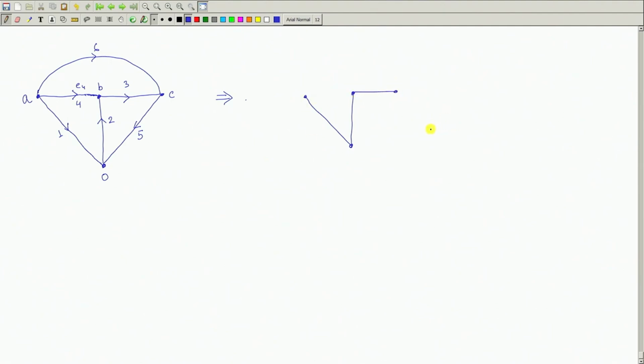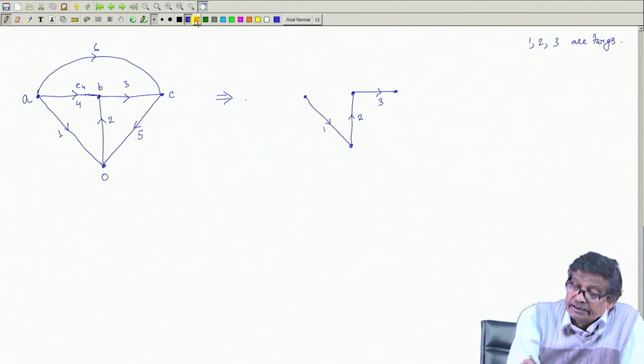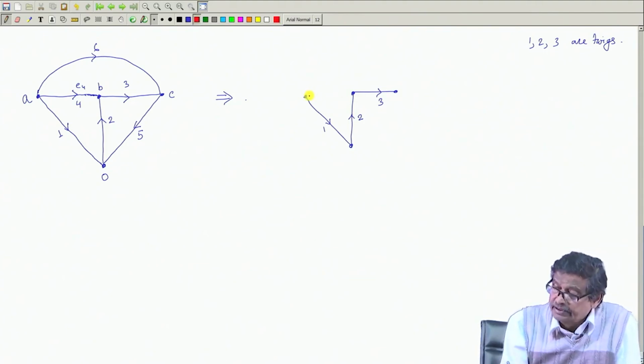It is a tree, because all nodes are taken into account and there is no closed loop existing, and this was 1, this was 2 and this was 3. These are the twigs. So, elements 1, 2, 3 are twigs, and the dotted lines are the links.